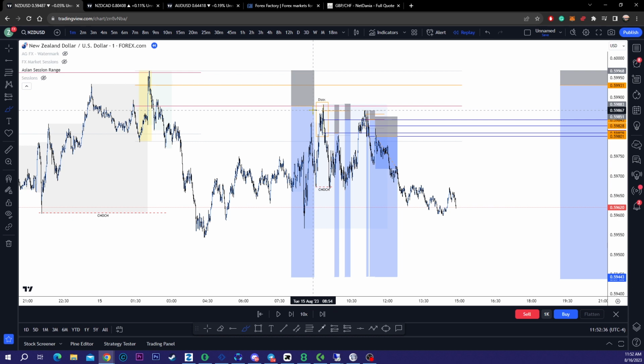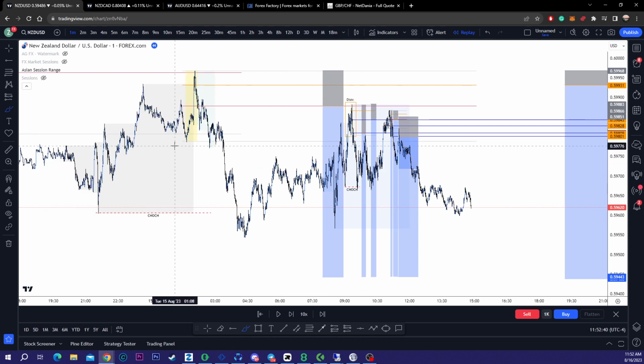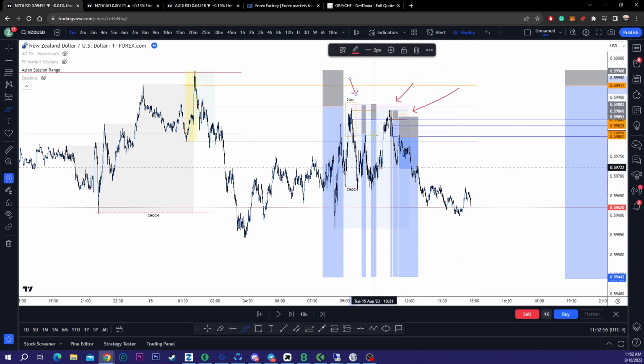And when we did that, we figured out that's the area that we want to see the market react off of. We saw the reaction here. Once we saw that first reaction with the change of character, we took the entry based off the 50% of this manipulation. So once we had that first entry, all we did after that is just scale in to see if the market would give us fractal entries, and it did.